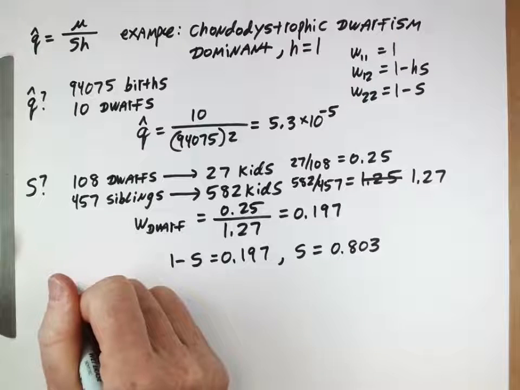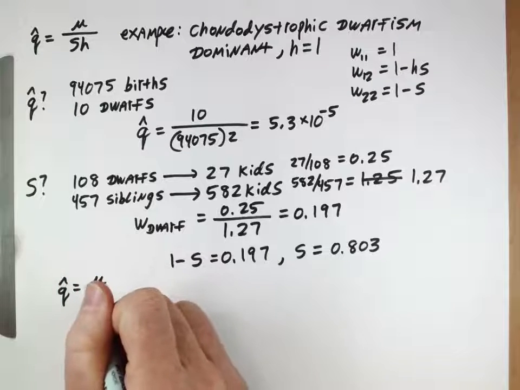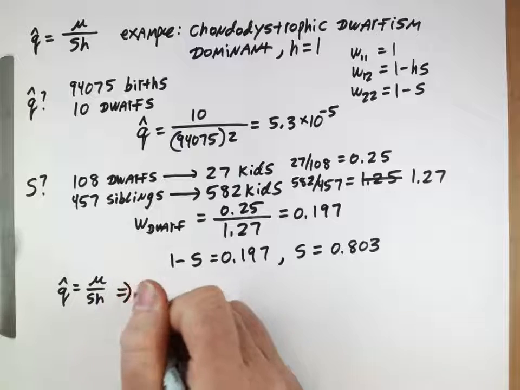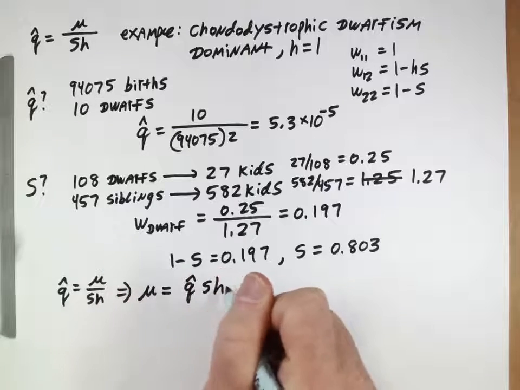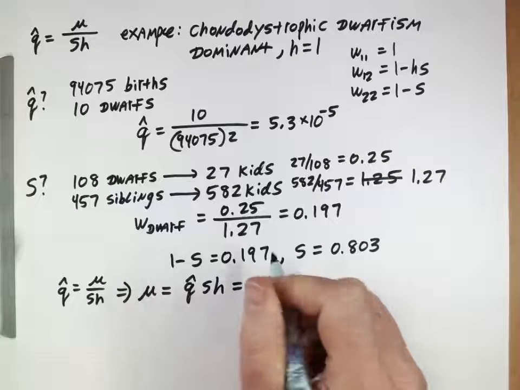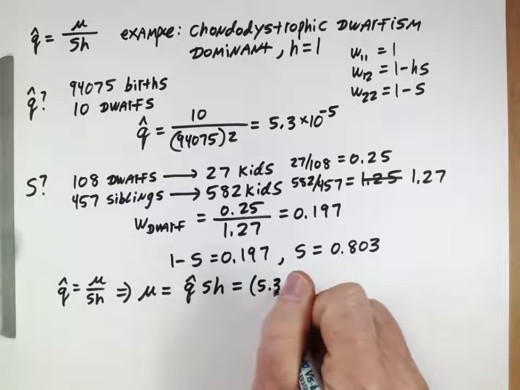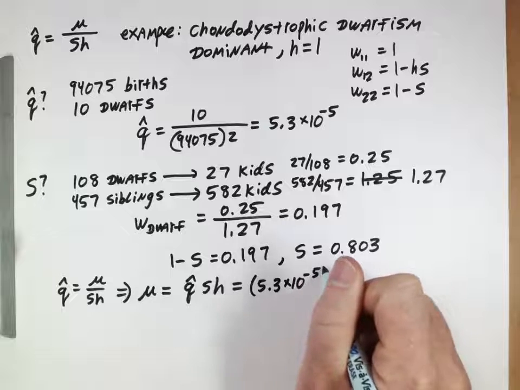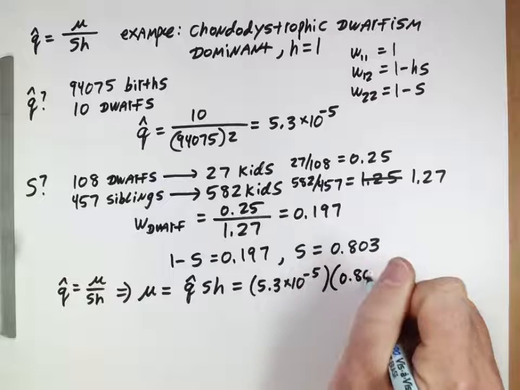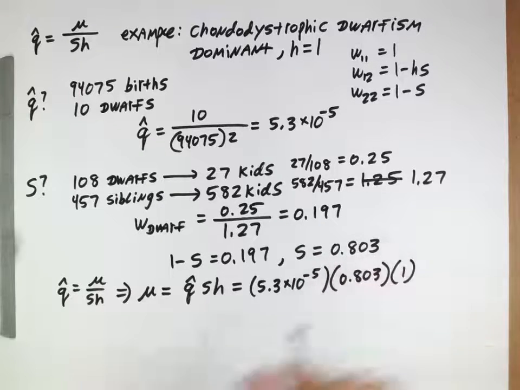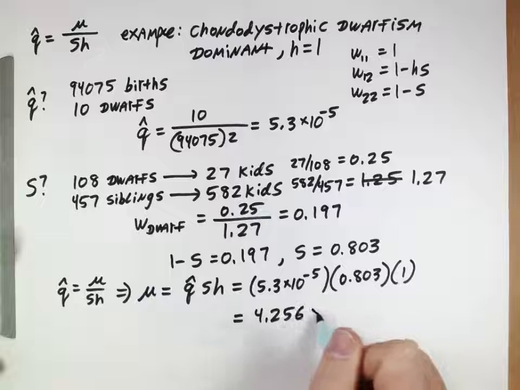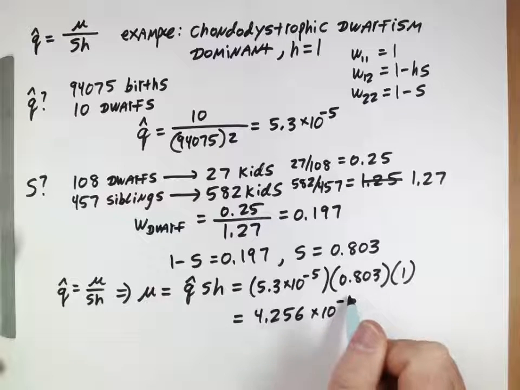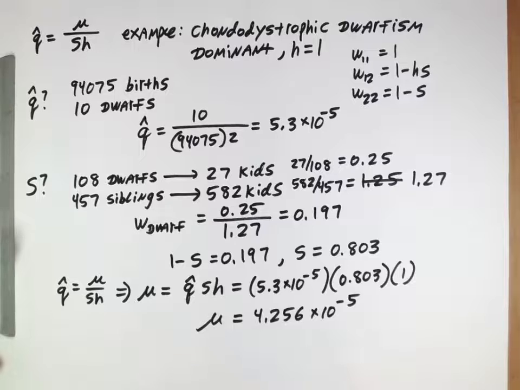So starting with this, solving for the mutation rate would be this. Plugging those numbers in, 5.3 times 10 to the minus 5, 0.803, 1, when you plug all those in, 4.256 times 10 to the minus 5 for a mutation rate.